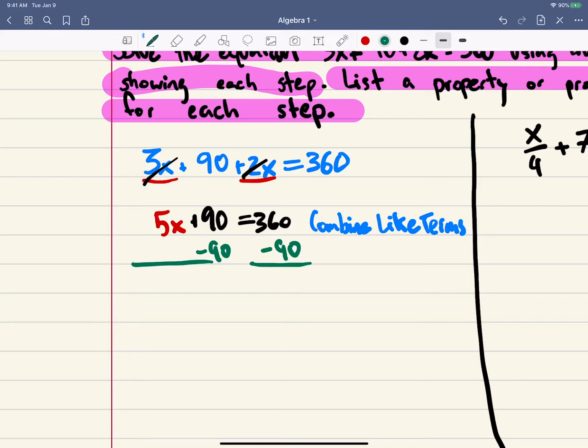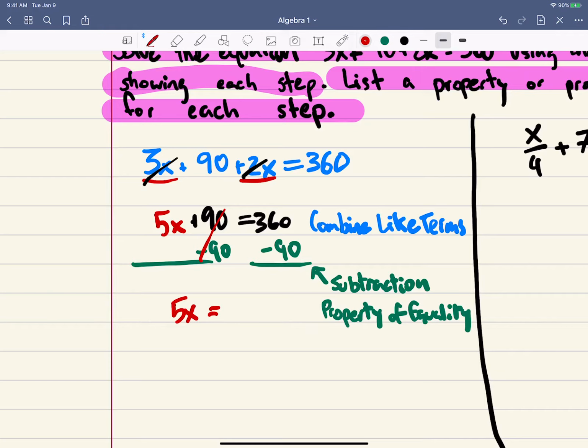Whenever you subtract, this is called the subtraction property of equality. It basically says if you subtract on one side, you have to subtract on the other.